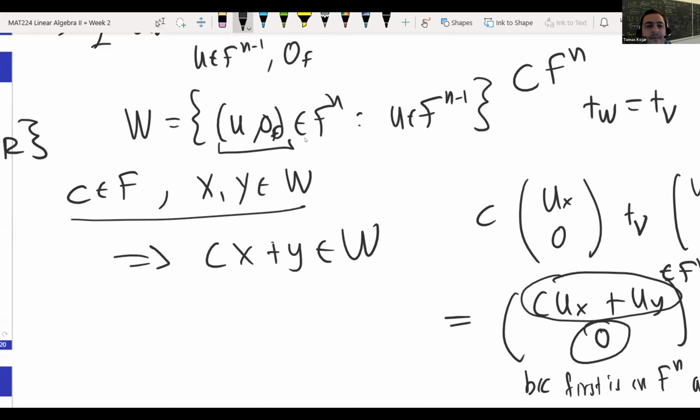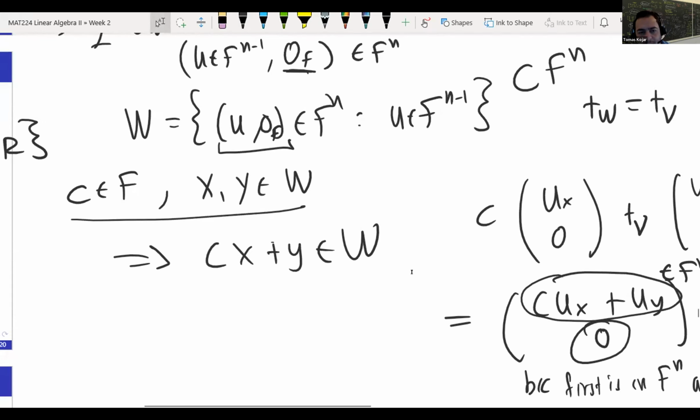When you put this together, you get an element of Fn, which by definition has every component from the field. It just happens that the last element is the 0 element of the field. Is that okay? Yeah, but I wouldn't worry about that.